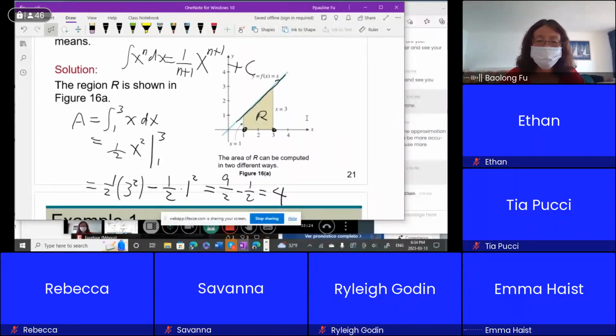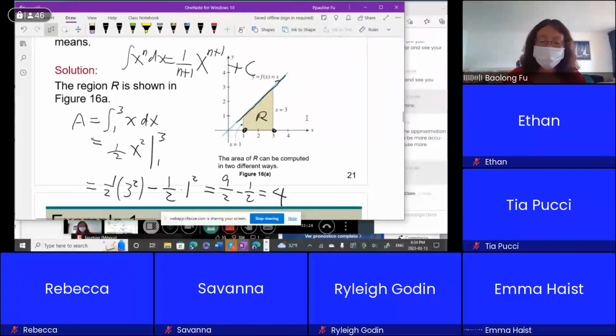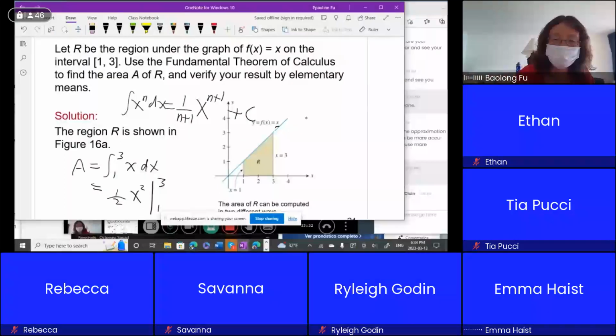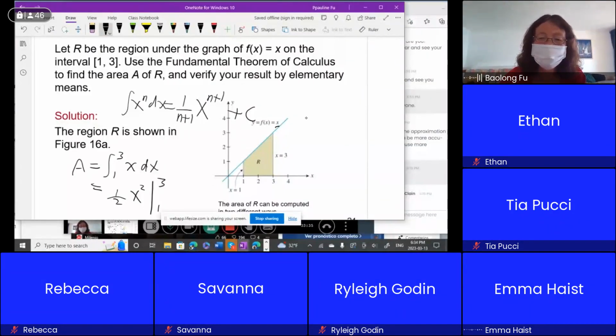And now, how do you verify this number 4 is the final correct result? Okay, let's use the very basic method. Now I'm going to verify. I will divide this area into 2 parts. I draw a line from this point parallel to the x-axis.